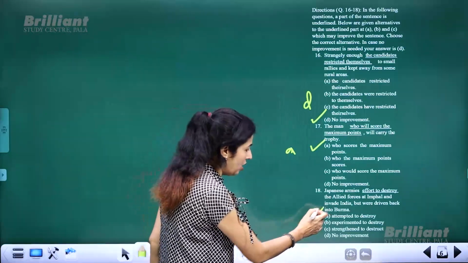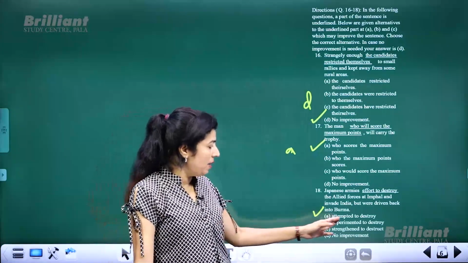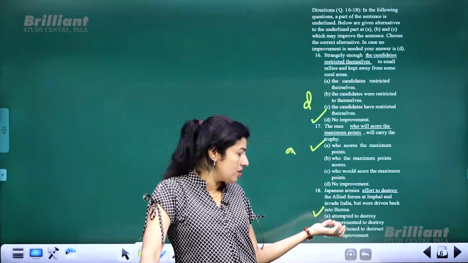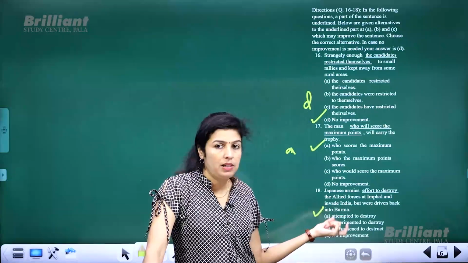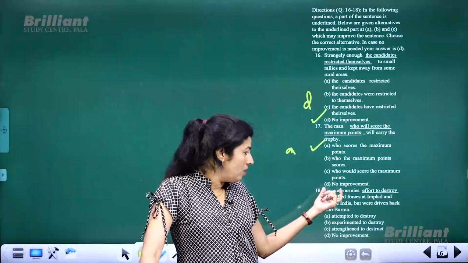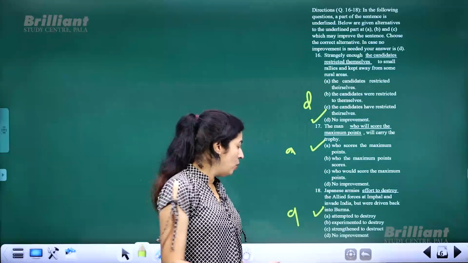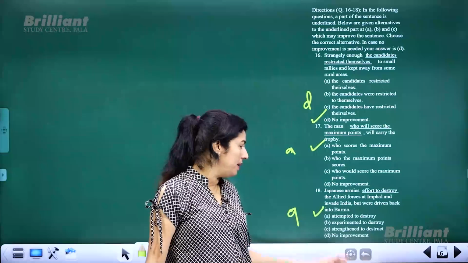They tried or they attempted, not experiments. It has got nothing to do with experimenting. Strengthened to distract, no, but attempted means tried. So if you use the first option, option number A, automatically the sentence will be correct.